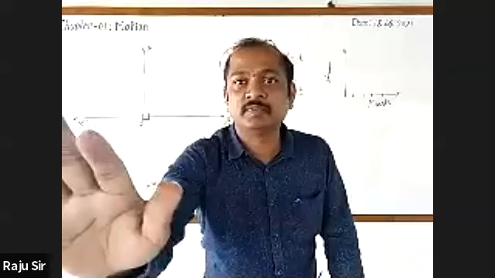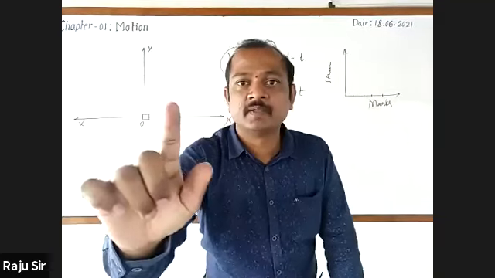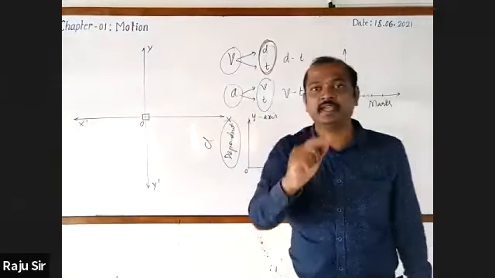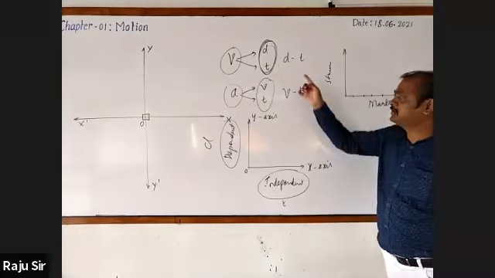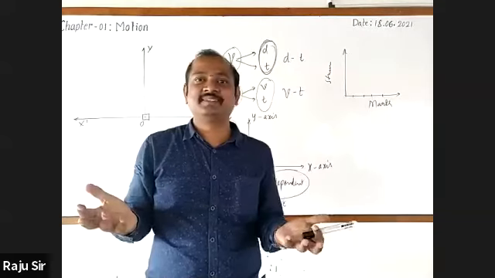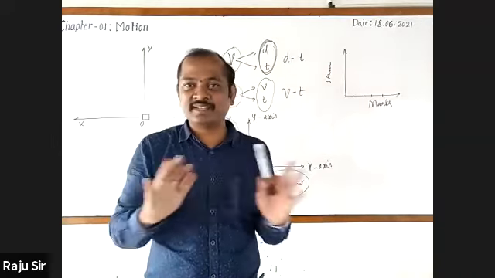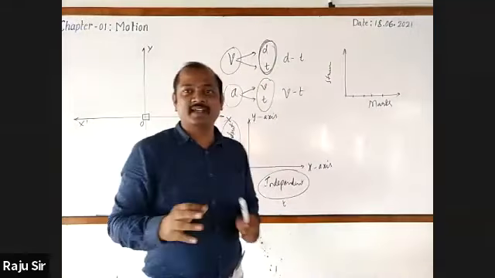Wait, I'll give a chance to others. Manya, could you tell? What is the definition for dt graph? The change in position of an object per unit time is called speed. That is the speed. I'm not asking you the definition of speed. I've been asking you the definition of dt graph.